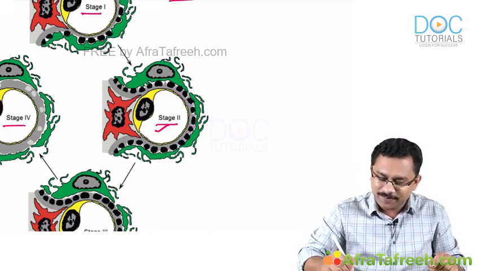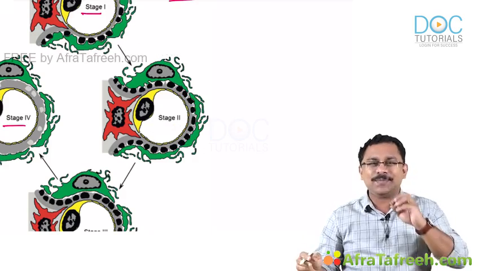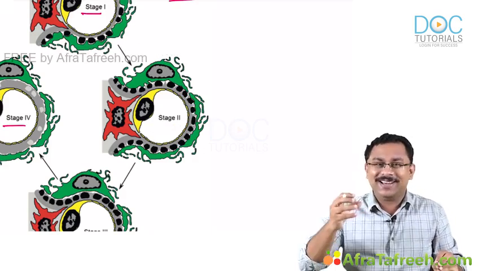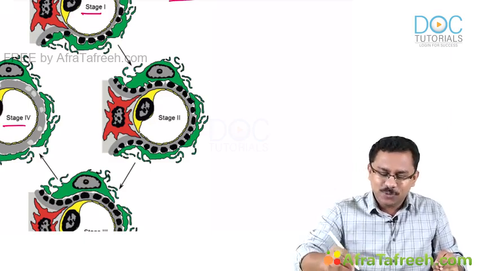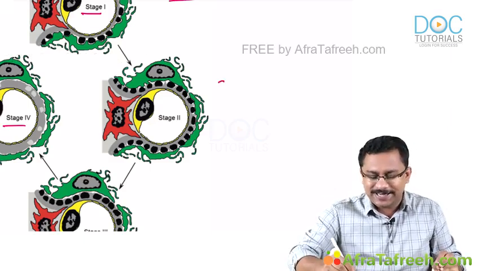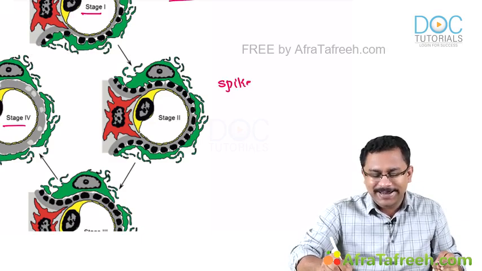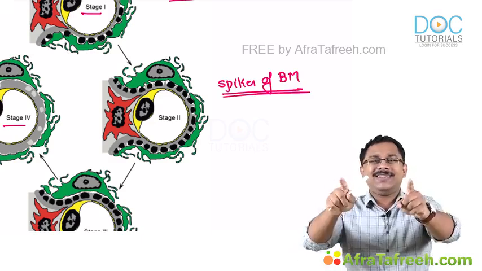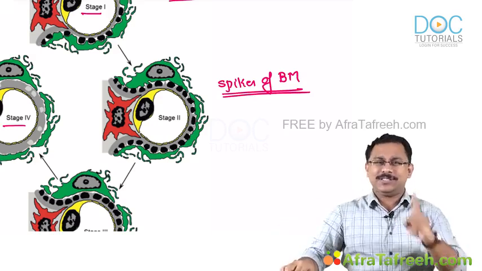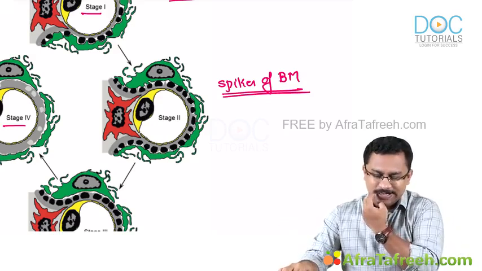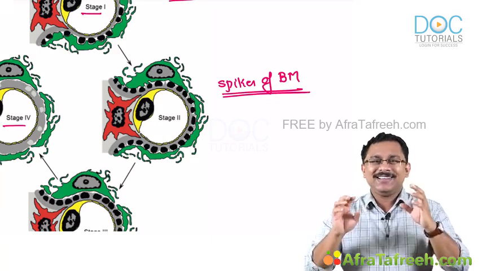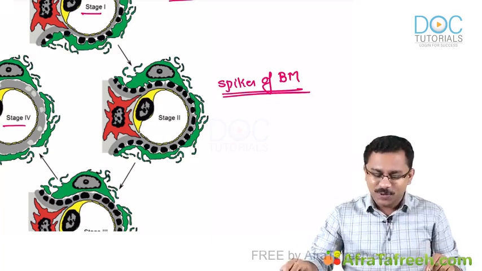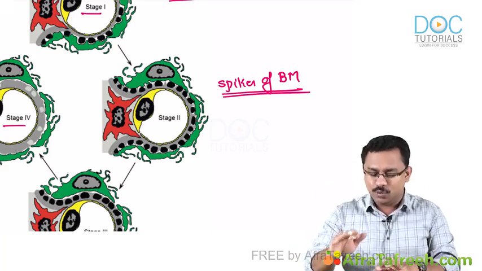Will you agree with me that there are certain spikes of the basement membrane in between the immune complex deposits? So that is what you are seeing here, spike-like projections of the basement membrane between the immune complex deposits in stage 2.